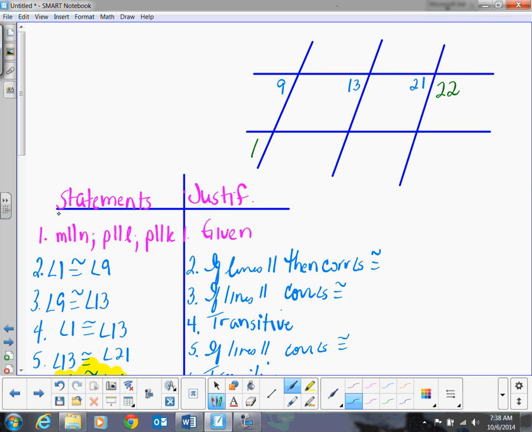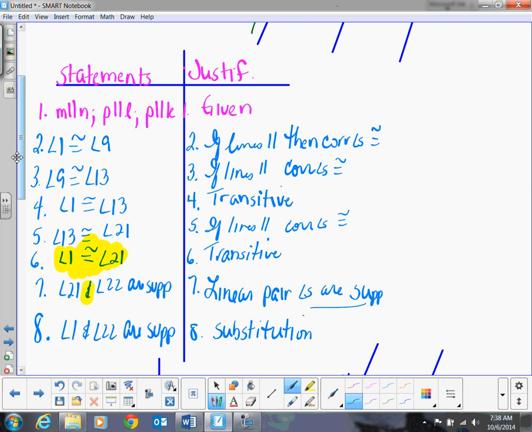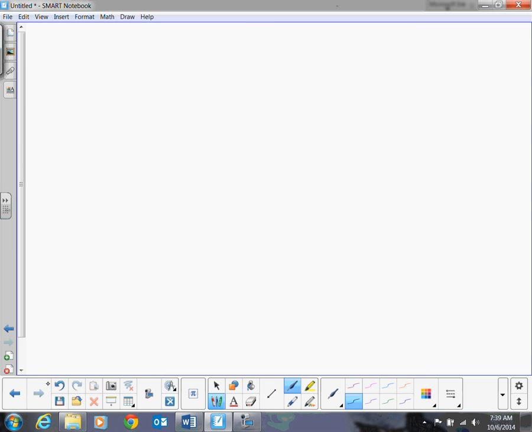All right? Absolutely none of it. It's going to be either alternate exterior, alternate interior, corresponding, linear pair, vertical, or same side interior. This is like that very first worksheet we did. The worksheet that I gave you, algebra, that required this thinking process was getting you ready for proofs. Since I gave you a proof, I don't need to drag you through that thinking process a second time.